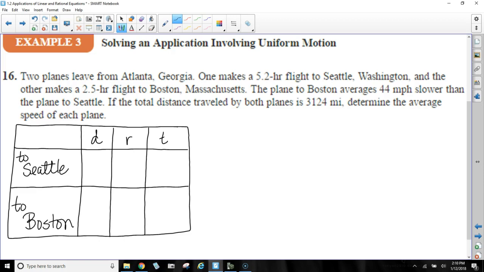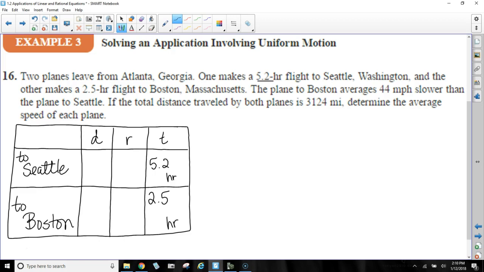Now, we want to get as many of these cells figured out as we can. We do know the time of each of these planes. The time of the one going to Seattle is 5.2 hours, and the one going to Boston is 2.5 hours. It says the plane to Boston averages 44 miles per hour slower than the plane to Seattle, and the total distance traveled is 3,124.